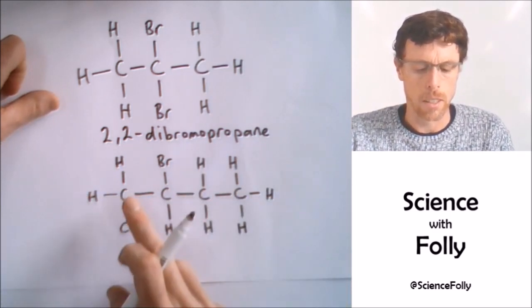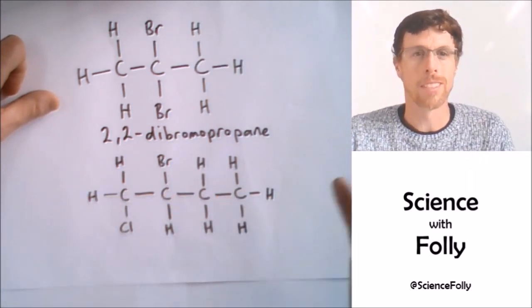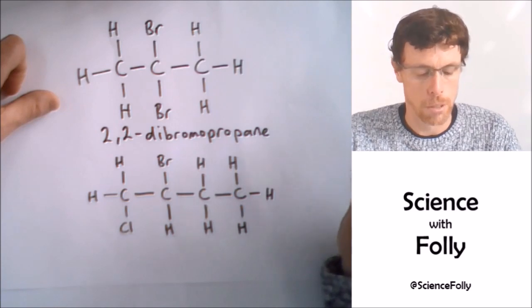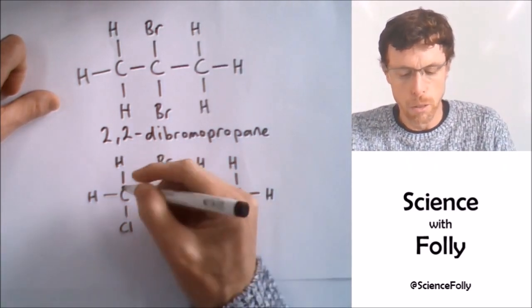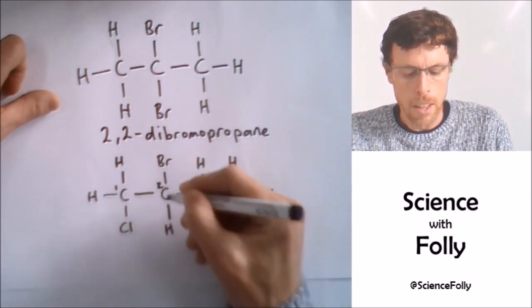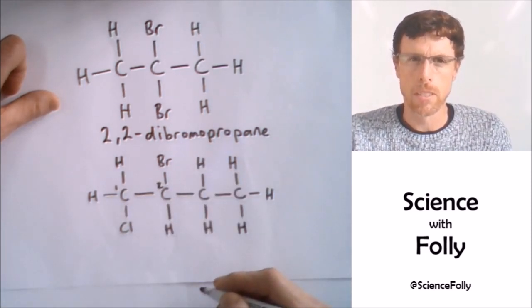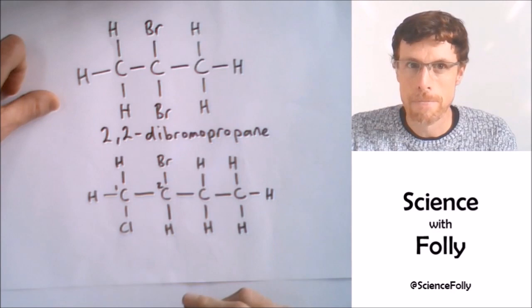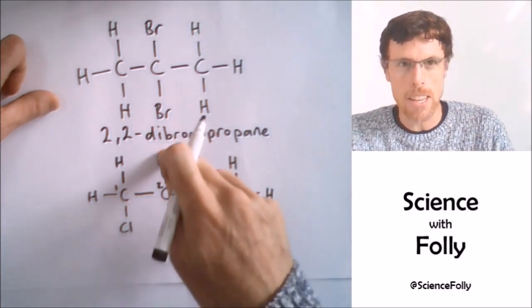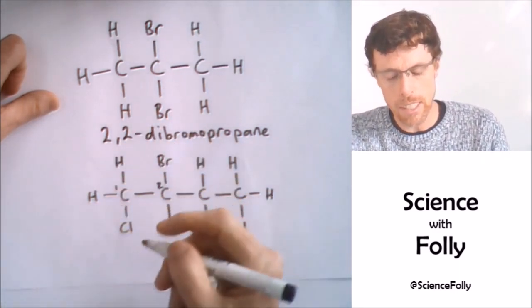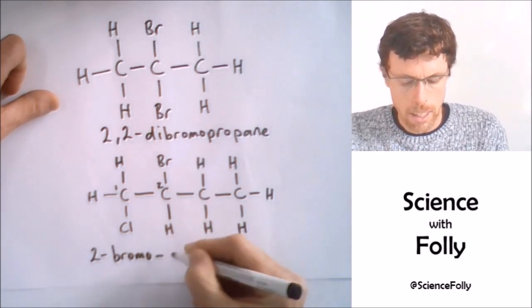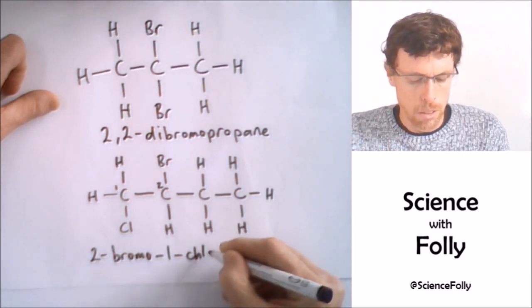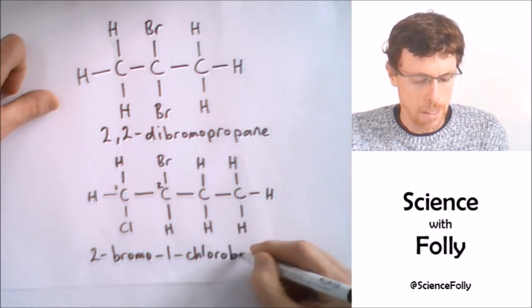How about this one here? 1, 2, 3, 4 carbons. It's going to be butane, of course, and it's got a chloro and a bromo group. Chloro comes off carbon number 1, bromo comes off number 2. Which one comes first? You guessed it, B, because B comes before C, so it is 2-bromo-1-chlorobutane.